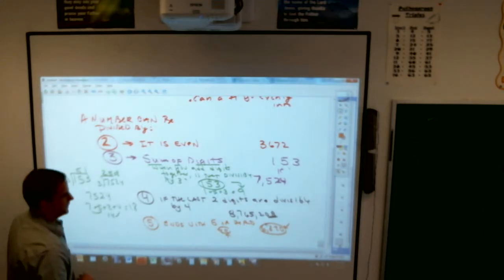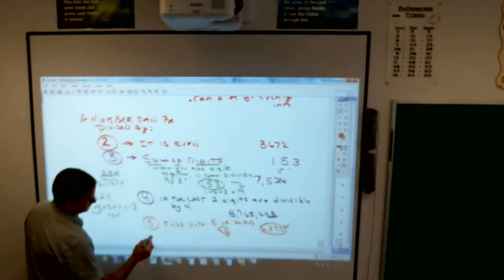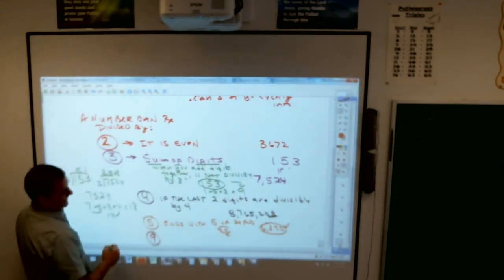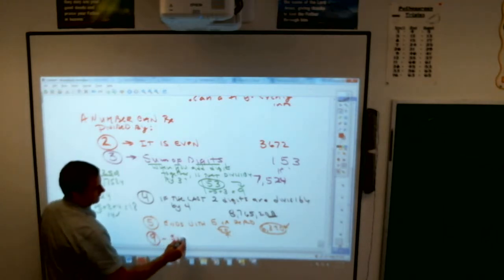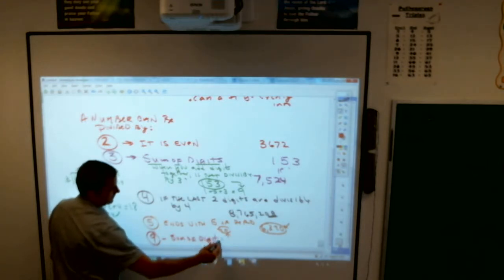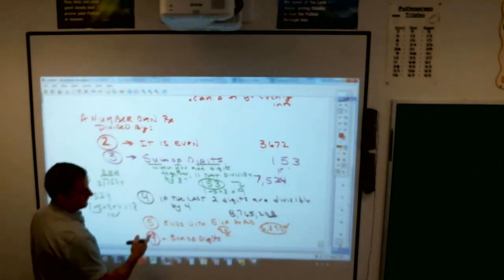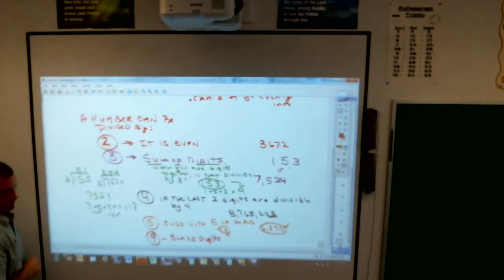The only other one they really give you is 9. And 9, I will just say, is just like 3, it's the sum of the digits. If 9 goes into the sum of the digits, then 9 goes into the whole number.